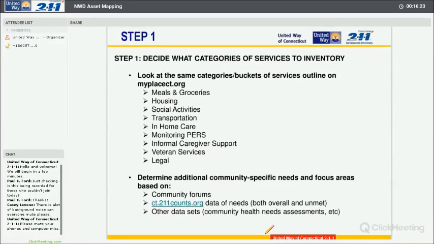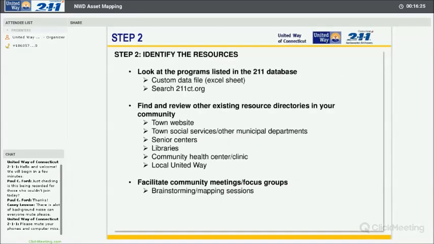So moving on to step 2, which is to identify the resources. This is where we're going to try and find those resources that exist in our communities that are part of the service categories we identified that we're going to focus on initially.